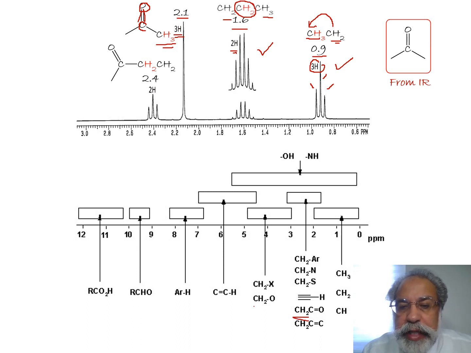CH2 methylene adjacent to C double bond O is in the range of 2 to 3, and we have here 2.1.